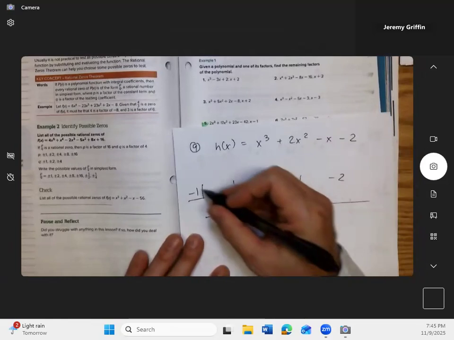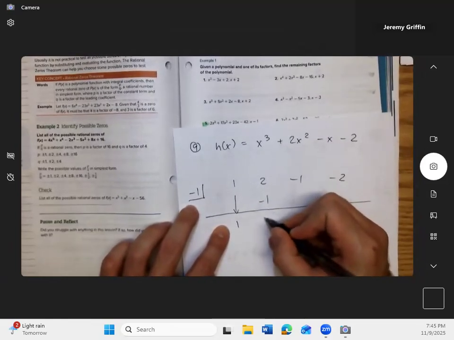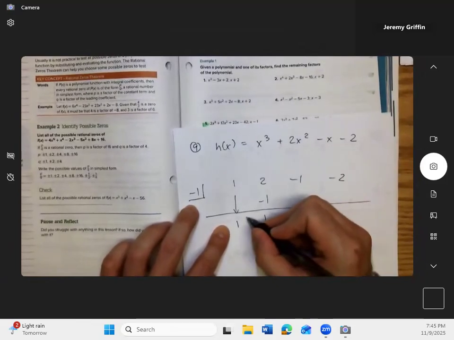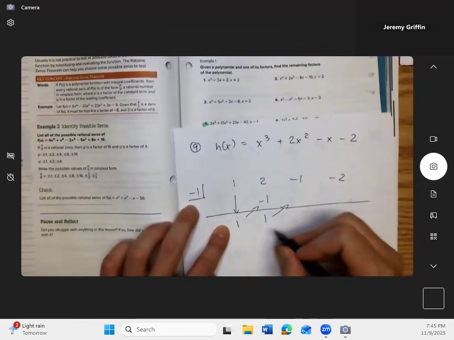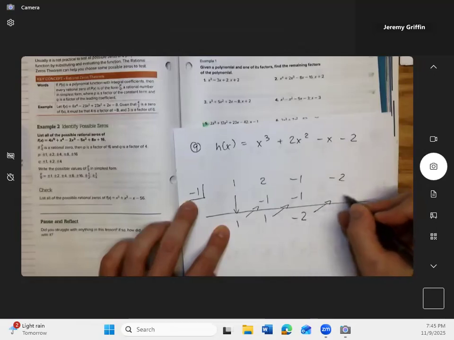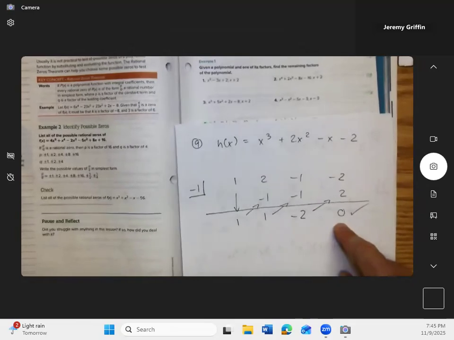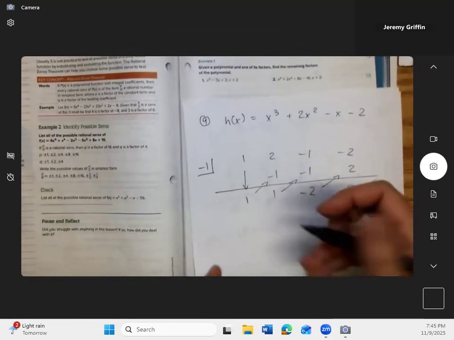Drop down the 1. Times this -1, this -1. Add these going down. That's +1. Okay, then multiply this one by -1. That gives me -1. Add going down is -2. Times -1 is +2. Add going down 0. Okay, good. Then we've got a remainder of 0. So this did factor out.